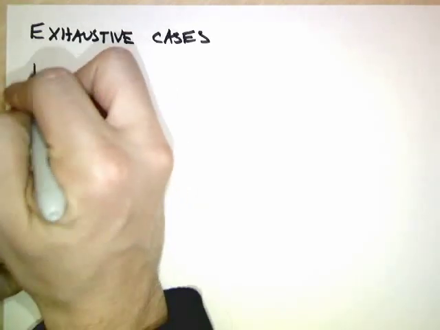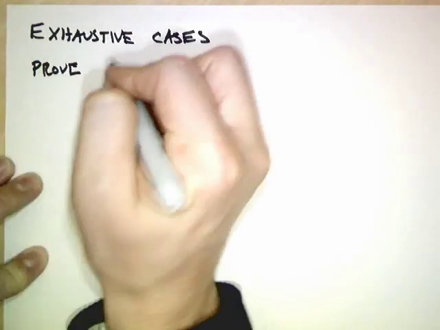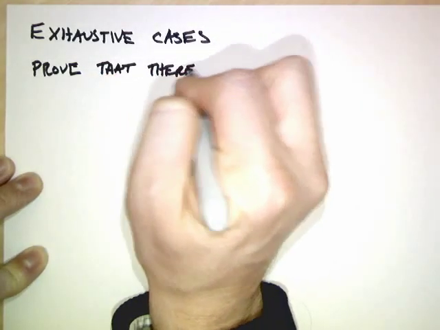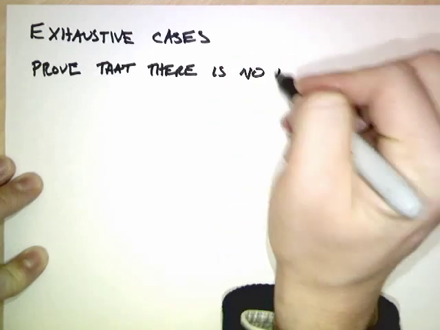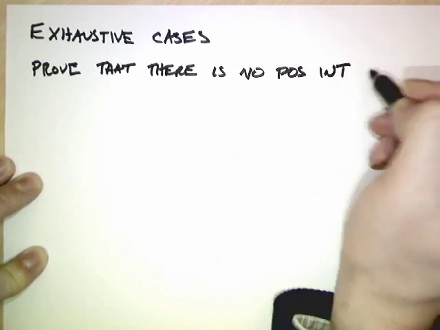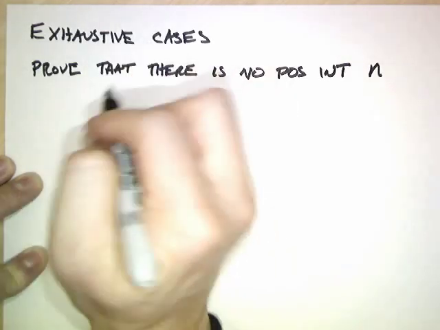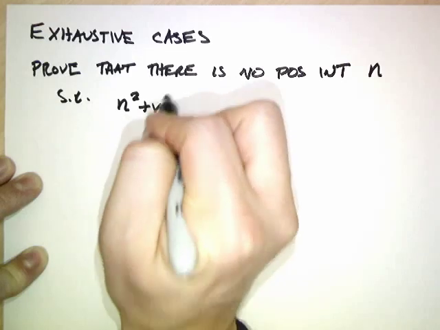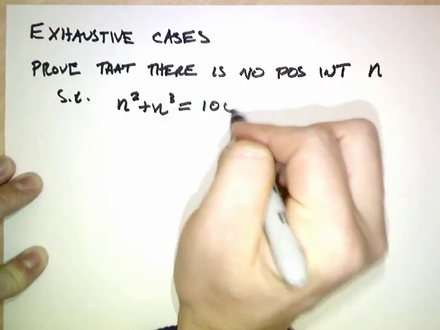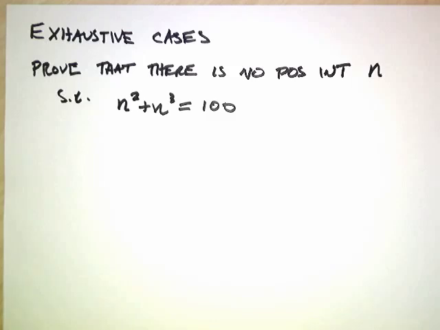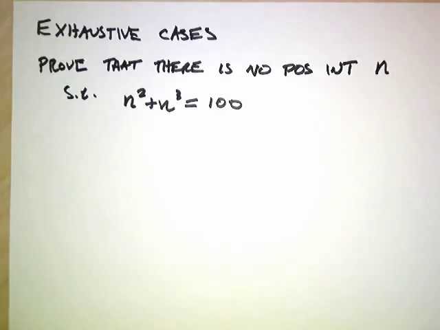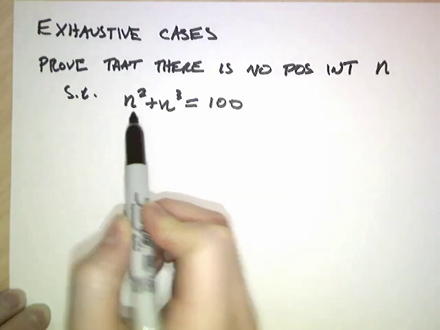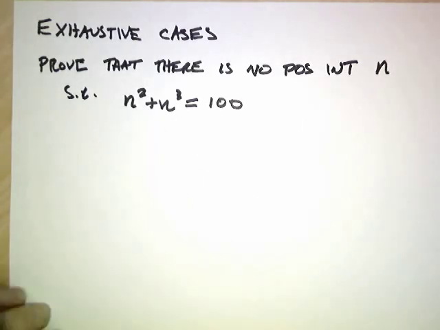Prove that there is no positive integer n such that n squared plus n cubed equals 100. So again, that's prove that there is no positive integer n such that n squared plus n cubed equals 100.